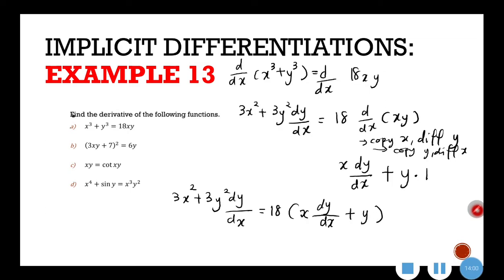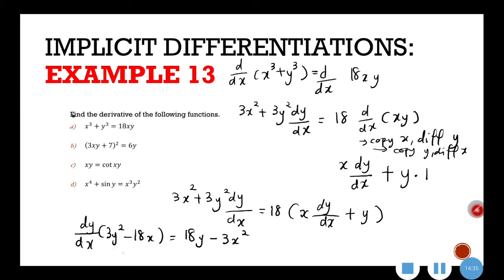Okay, and then we pull every dy dx together. You should get dy dx times 3y square minus 18x, and this part here should be 18y minus 3x square.